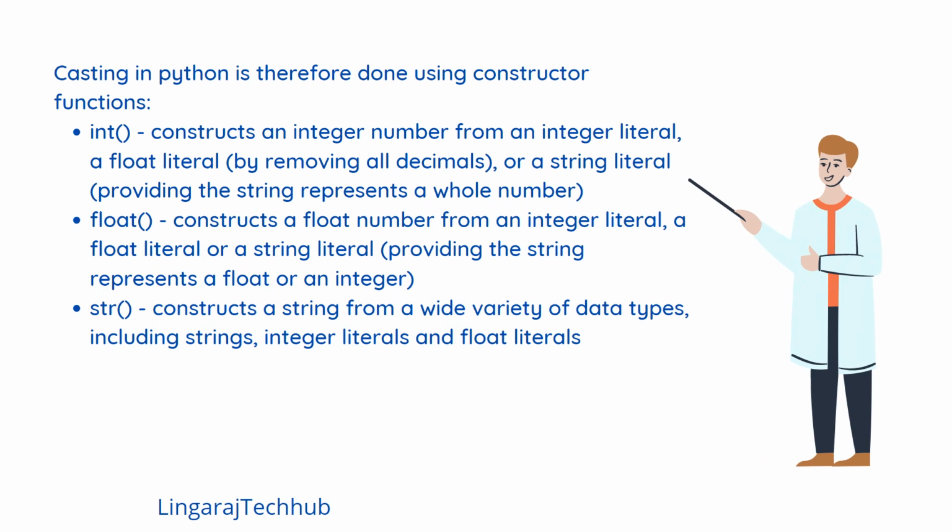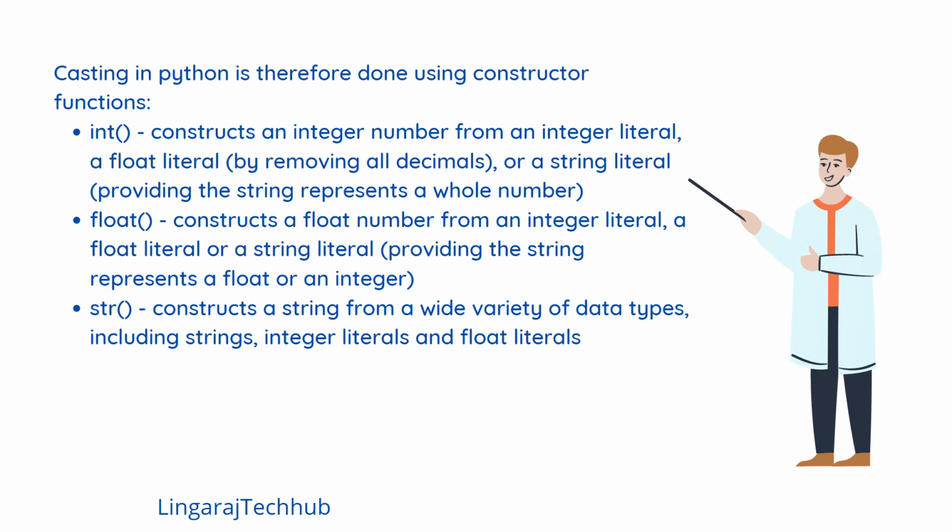These are the three constructors or inbuilt functions we use to convert one primitive type to another primitive type. Int constructs an integer number from an integer literal, or from a float literal by removing all the decimal parts, or from a string literal, provided the string represents a whole number.